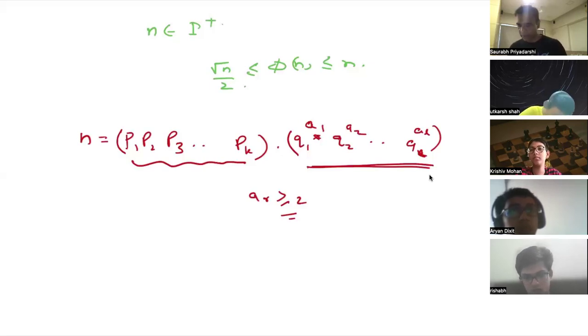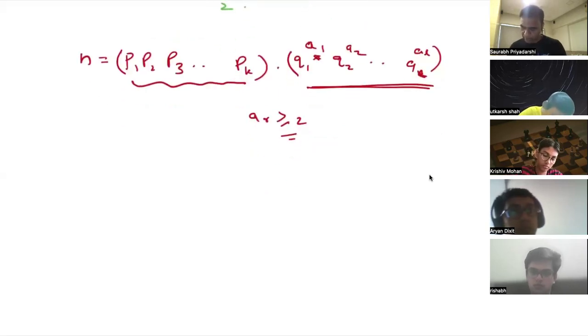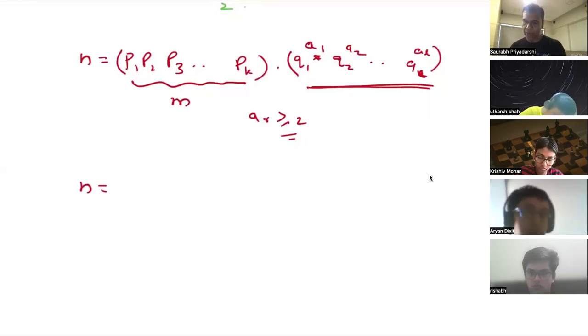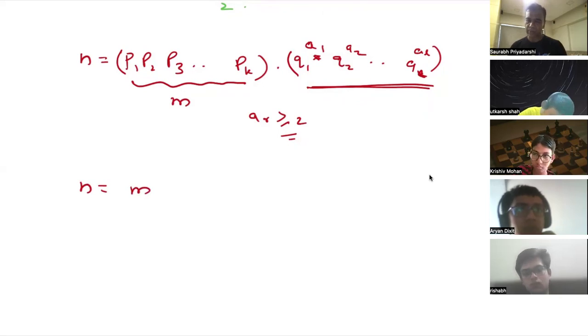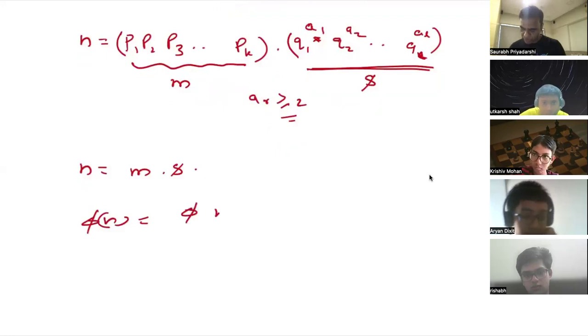Yes, sir. So let's suppose n is equal to m into s, where m contains all the prime factors without powers and s contains the rest. So phi of n is equal to phi of m into phi of s. Is this okay?